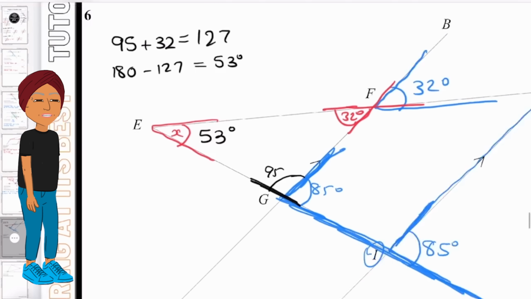The third point was to work out FGE, which I know was 95 degrees, as straight angles add up to 180 degrees. And then the final point here was to finally subtract this from 180 degrees. And that again was angle FEG, because we know angles in a triangle add up to 180.